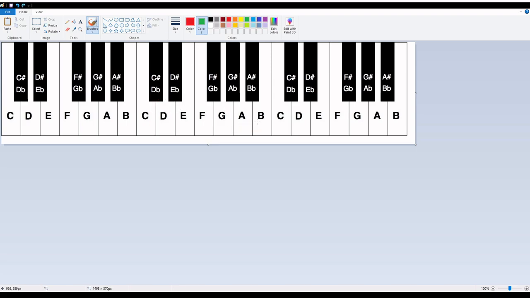So yeah, this is just a way to think about melodic minor stuff. I don't really use it that much when playing.